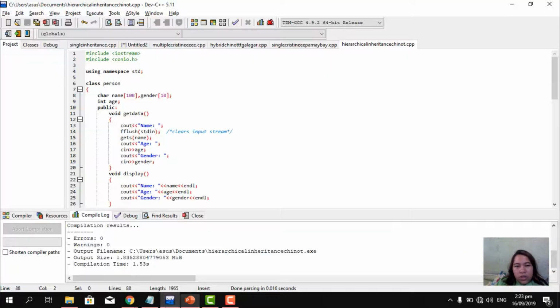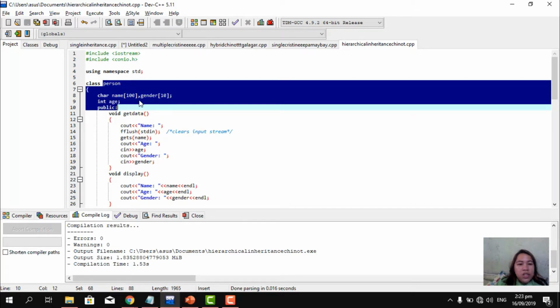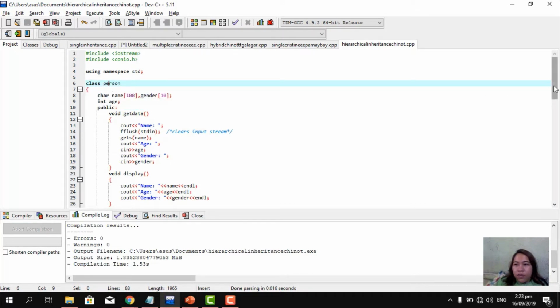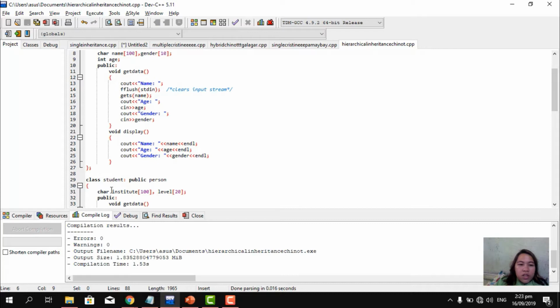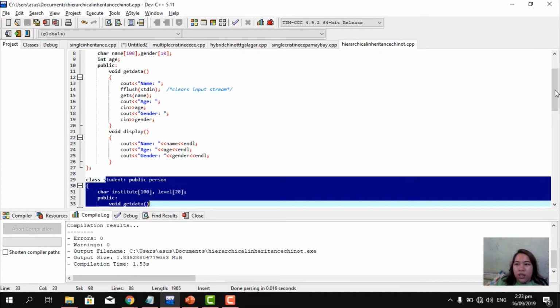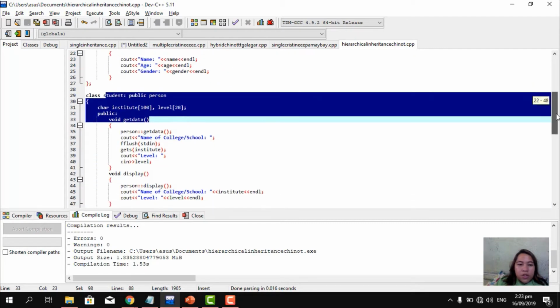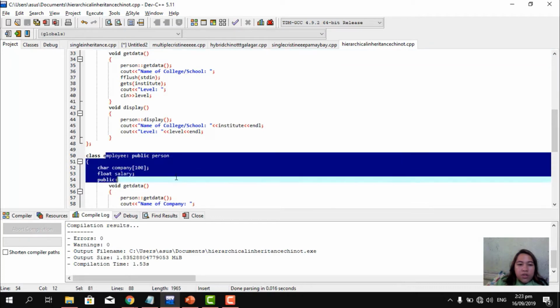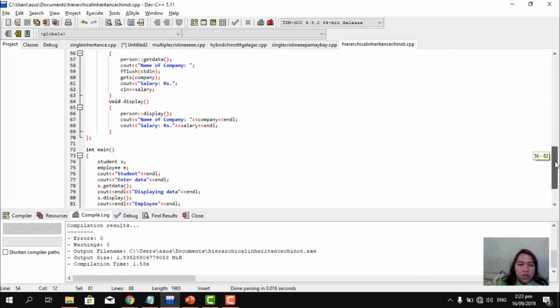So this is the code. The person is the base class. Student is a derived class from the person, and employee is also a derived class from the person.